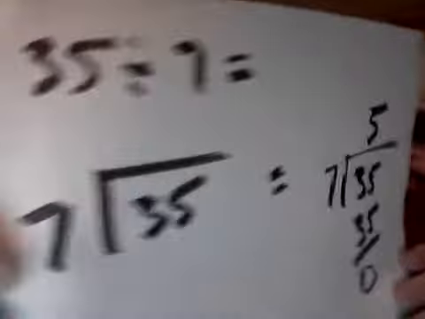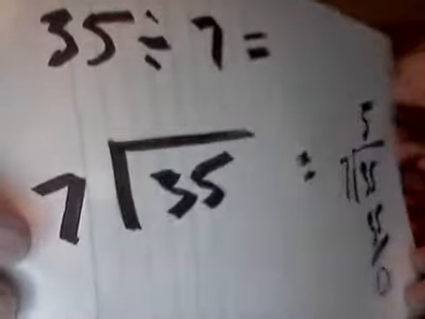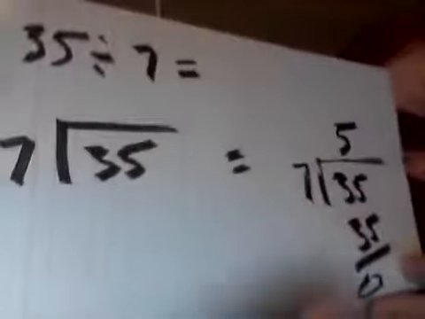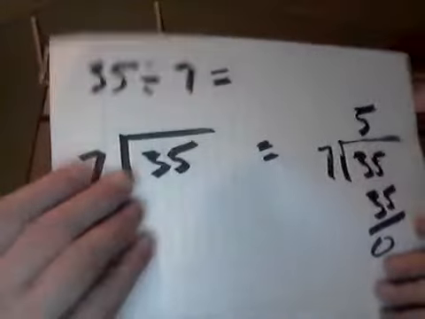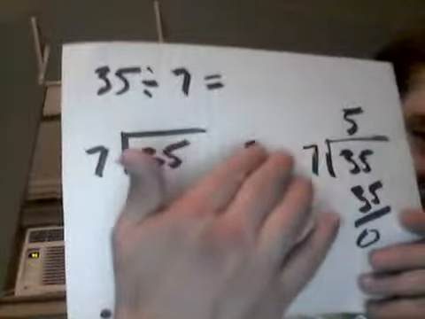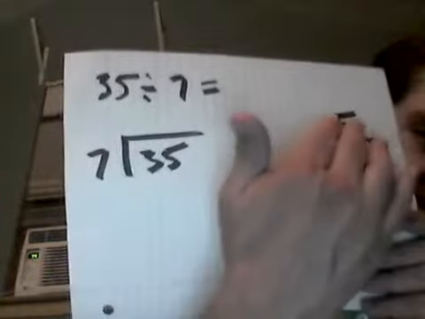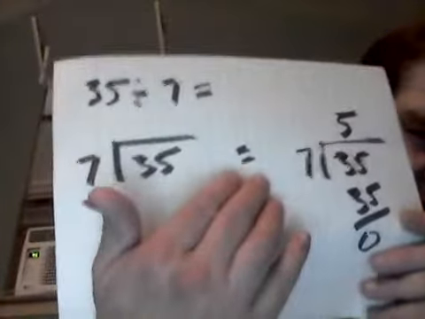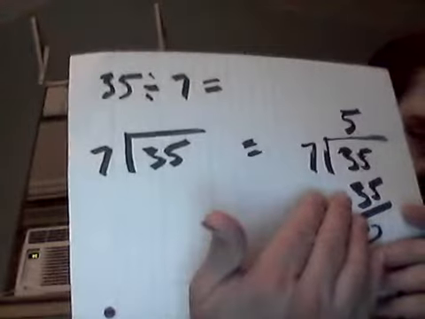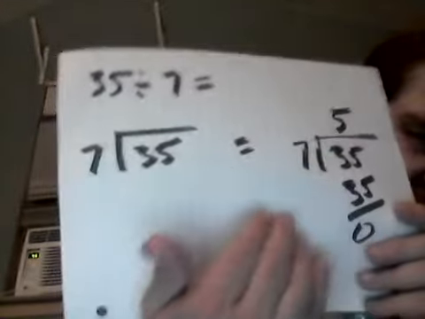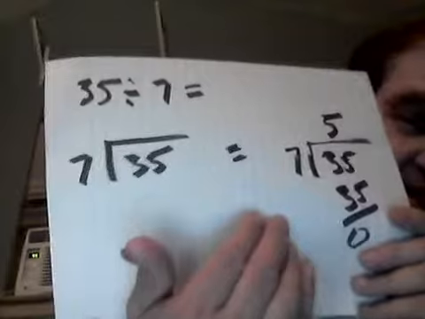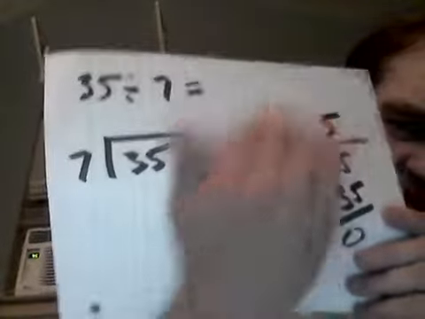What do you get when you do that? 35 with that house right there, and it's divided by 7. So what number times 7 will get you 35? Well, let's try 5 times 7 is equal to 35. 35 minus 35 is 0. Voila! There it is. 5 is your answer.